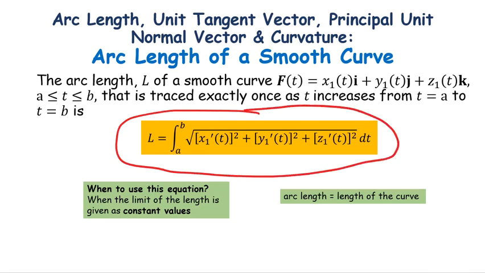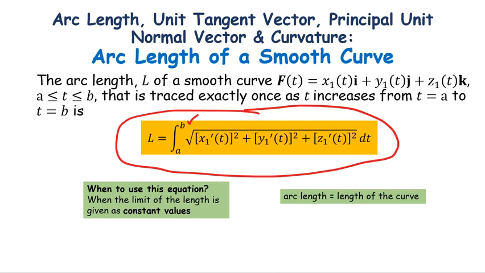You need to integrate from the limit of constant a to constant b. Then we take the square root of the components of the derivative of the vector function f(t). So you need to put the derivative component x1 squared plus derivative component y1 squared plus derivative component z1 squared. Then you need to solve the integration.